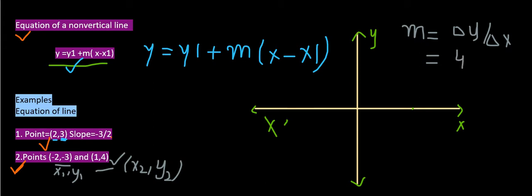Delta y will be y2 minus y1, that is our minus 3. I am using the bracket because there is already a sign of negative outside the bracket, and delta x will be x2 minus x1.